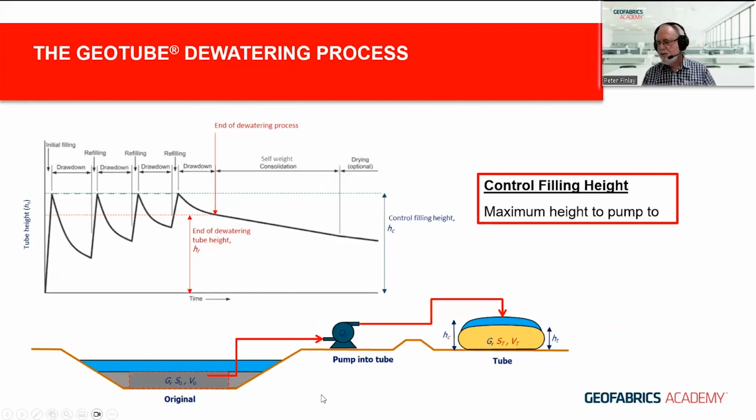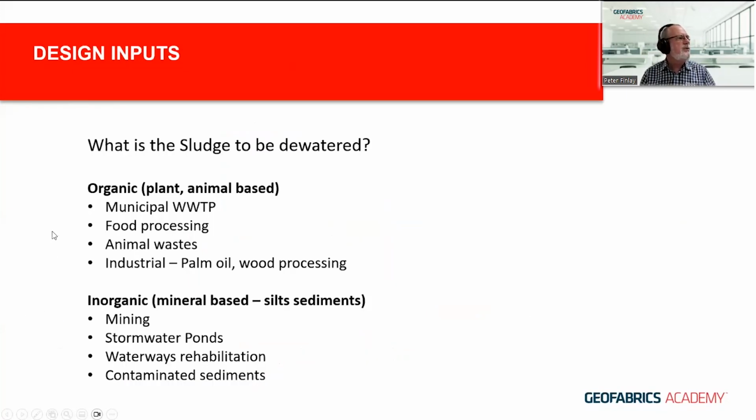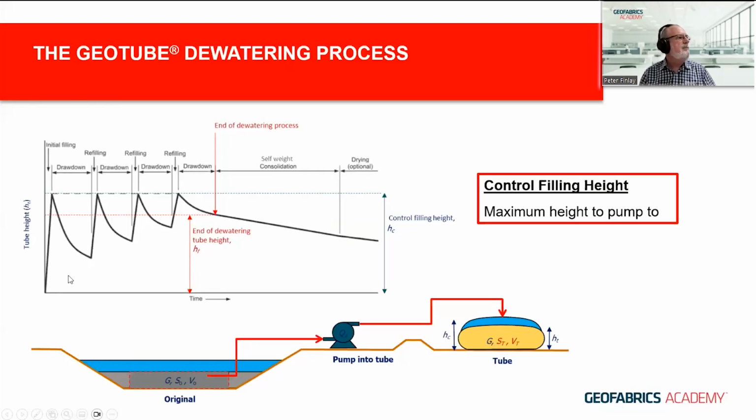So the actual process, here we have effectively jumping ahead, you're pumping to something that's very important, a controlled filling height. So the controlled filling height is the maximum height that a geotube should be pumped to, and this will depend on the size of the geotube.